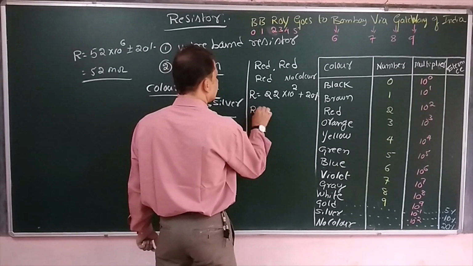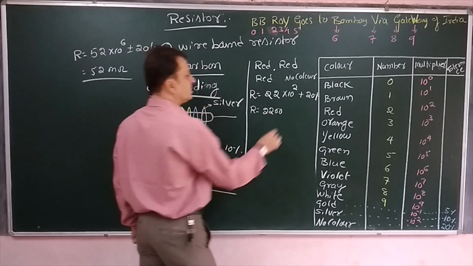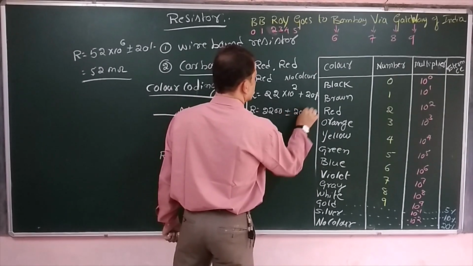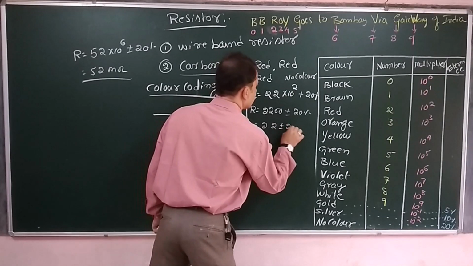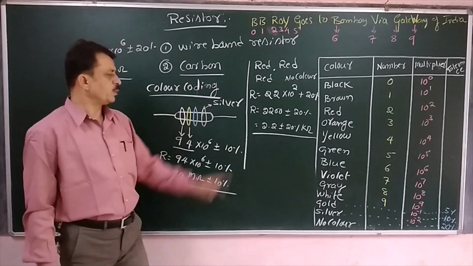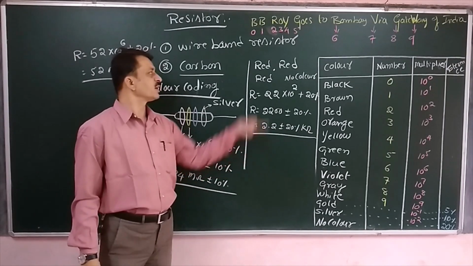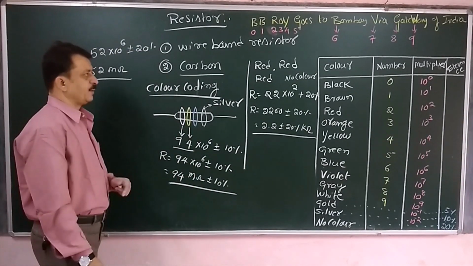So therefore, R is equal to 2200 plus or minus 20%, or 2.2 plus or minus 20% kilo ohm. The value of the given color coding resistor becomes 2.2 kilo ohms.